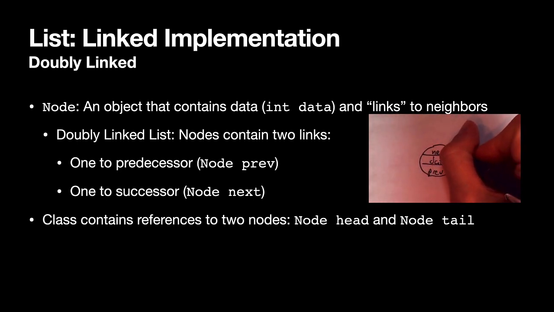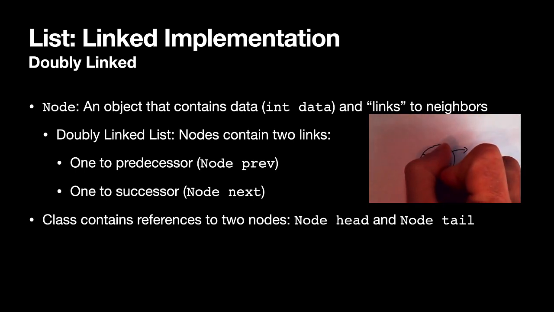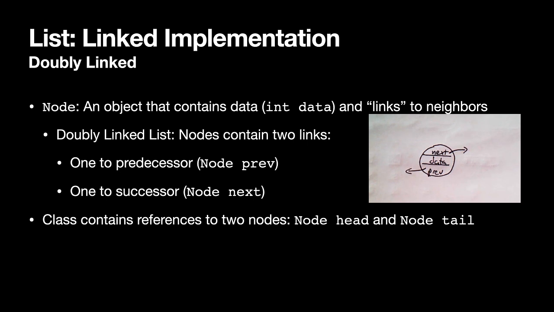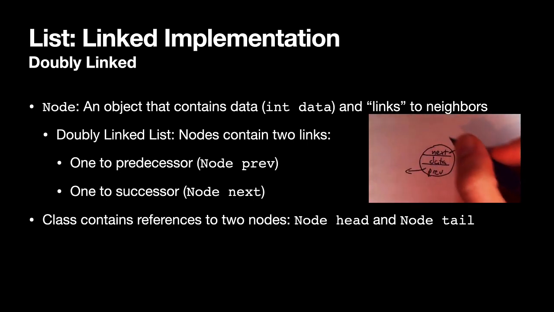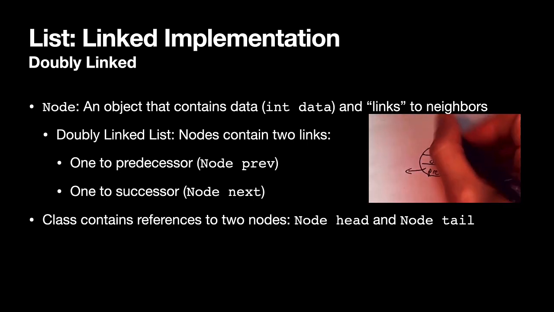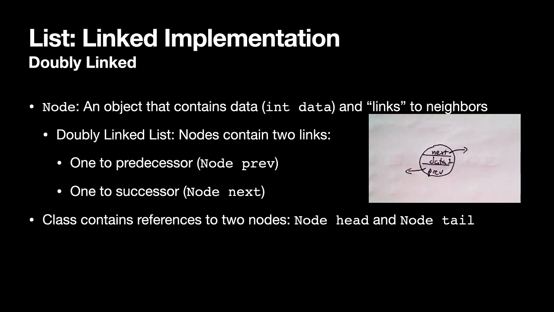So next will typically look like some sort of an arrow that connects us up to the next thing. Prev will be an arrow that connects us up to the previous thing. In our case, we're working with numbers, so we'll assume that the data is just a number, like the number 1, for instance. In some cases, the next or the previous may need to be null if there's nothing after us, the last item in the list, or nothing before us for the first item in the list.